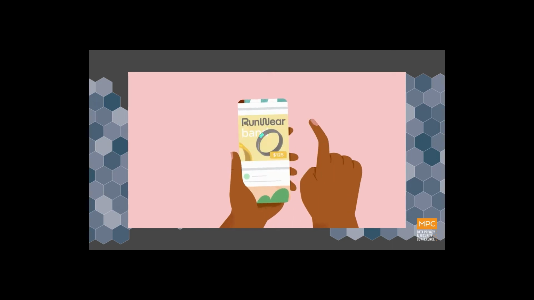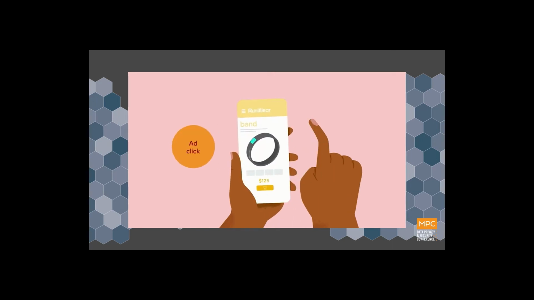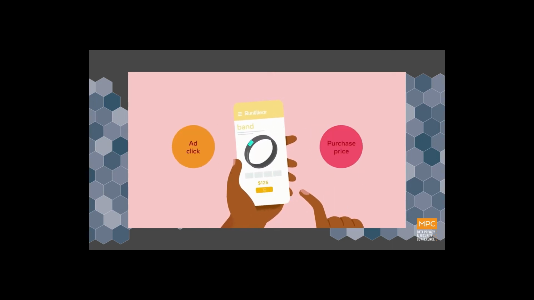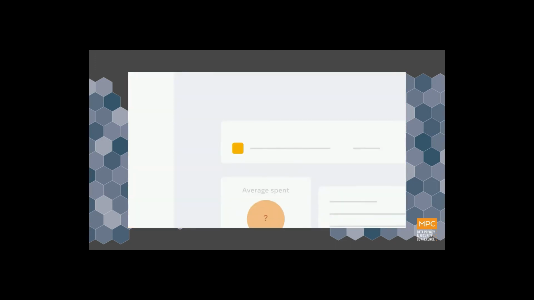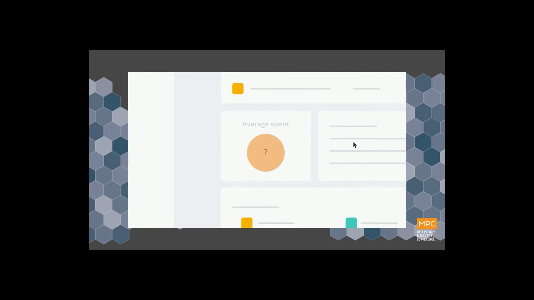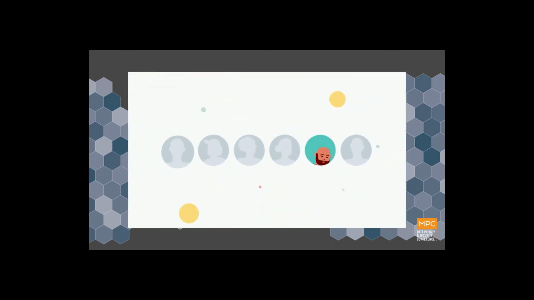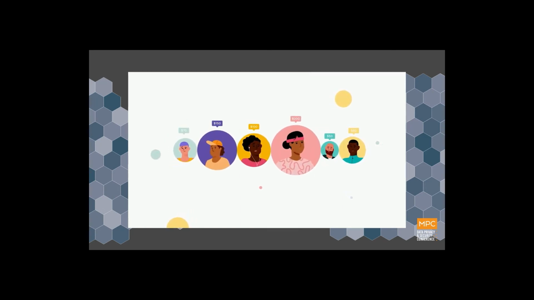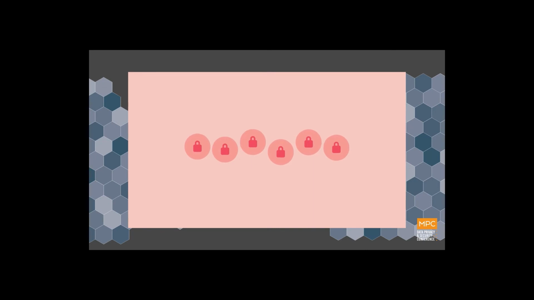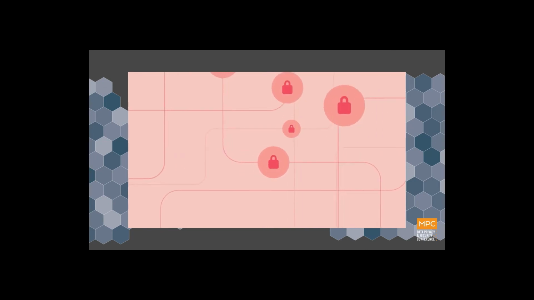Facebook records the ad Nella clicked, and the seller, Runware, records her purchase. Meanwhile, Larissa, a marketing manager at Runware, wants to know the average spend of customers like Nella who clicked her ad. In the past, this would have required at least one party to learn which people made a purchase after seeing an ad. But with multi-party computation, people's information can remain private.